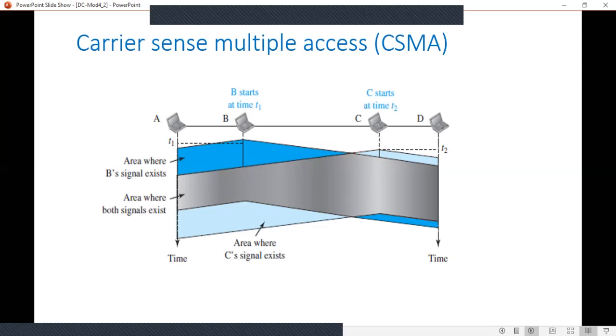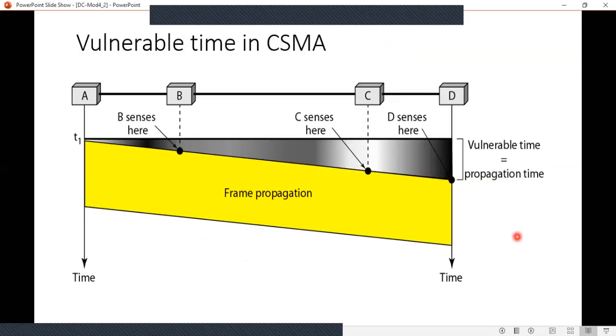Next we will see the vulnerable time in CSMA. Here you have the same four stations shown. Now at T1, A will sense the channel. At this point B senses the channel, and at this point the signal from A reaches C. This is all propagation delay. Now at this point D senses the data sent by A because of the delay.